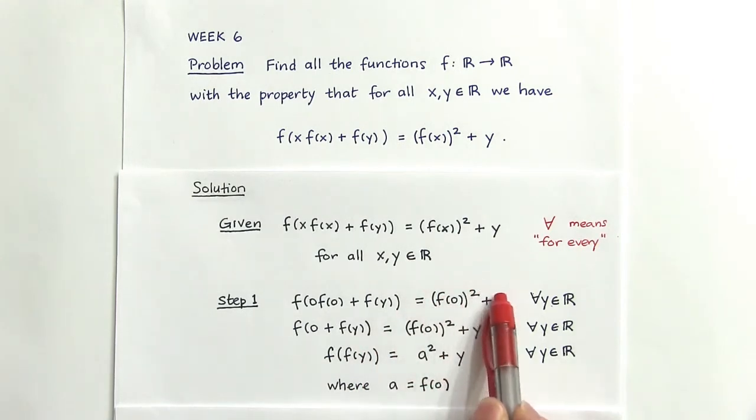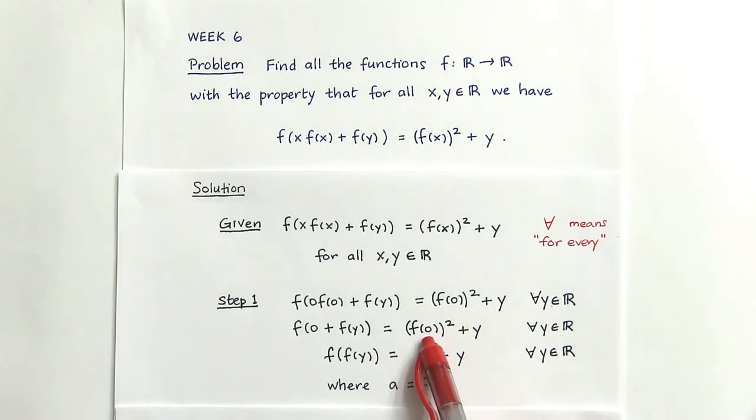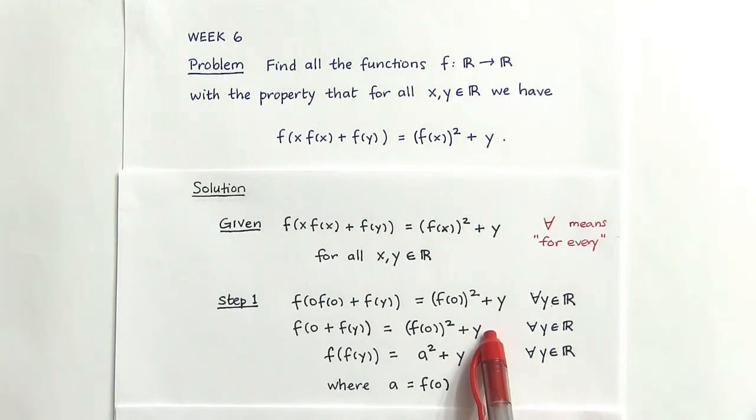and on the right-hand side we have f evaluated at 0 squared plus y, but so I don't have to write so much, I've decided to give f at 0 a name. I'm calling it a, just for convenience.